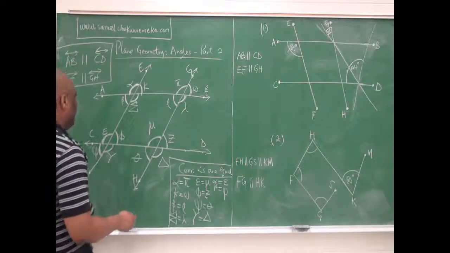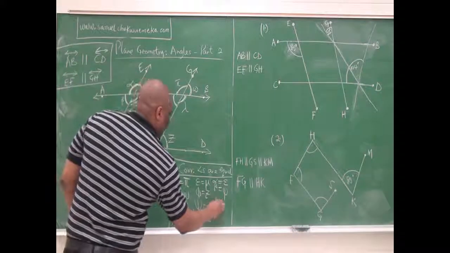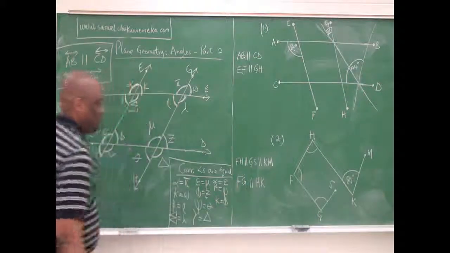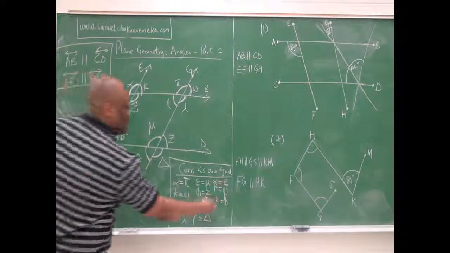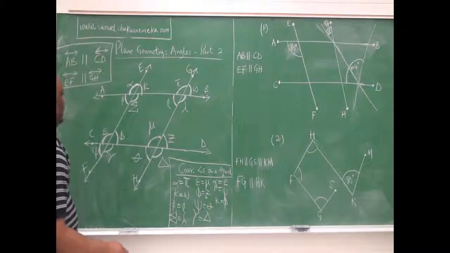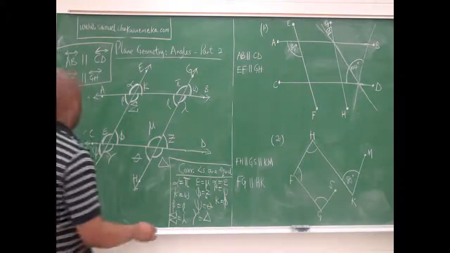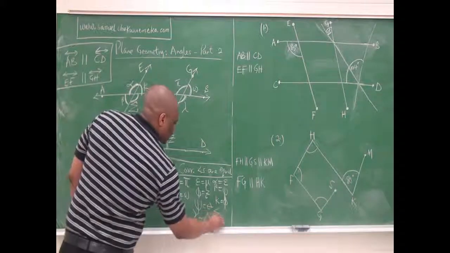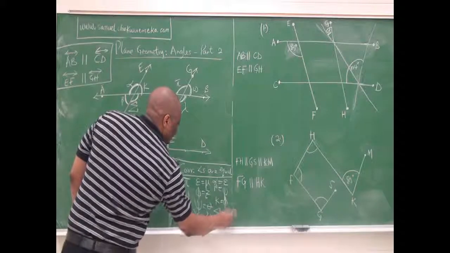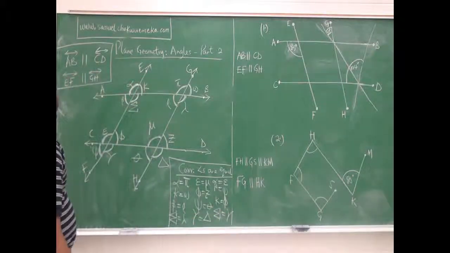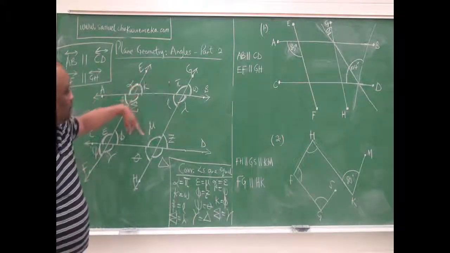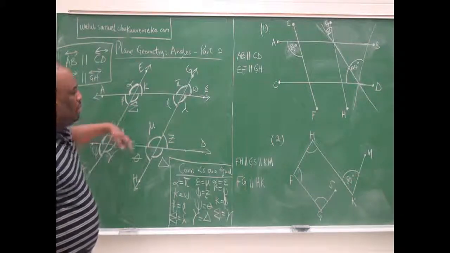Okay. Your kappa is equal to phi. Then your sigma is equal to gamma. Then your pi is equal to mu.